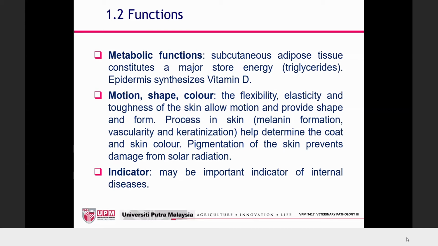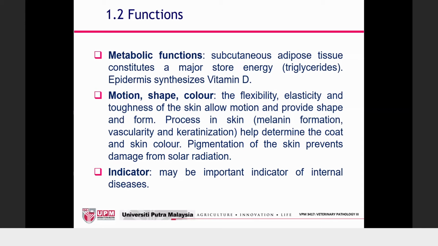Okay, skin is very important also for motion, shape, and color. The nature of the skin, where it is flexible, it is elastic, and even tough, allows motion and provides shape and form. Okay, processing the skin, for example, the melanin formation will help give the color to the coat and also skin color.